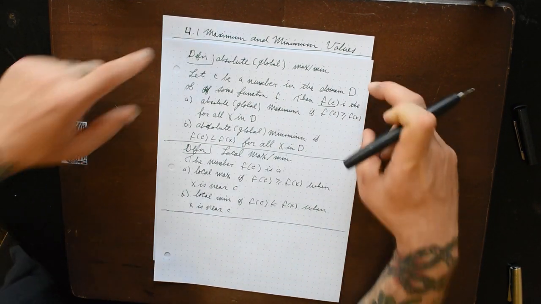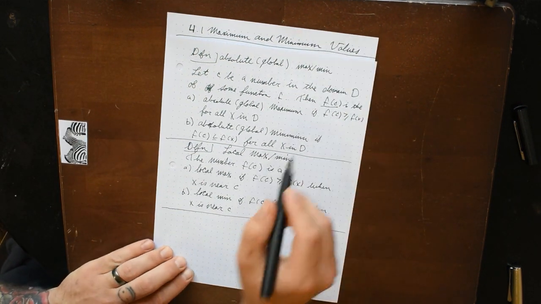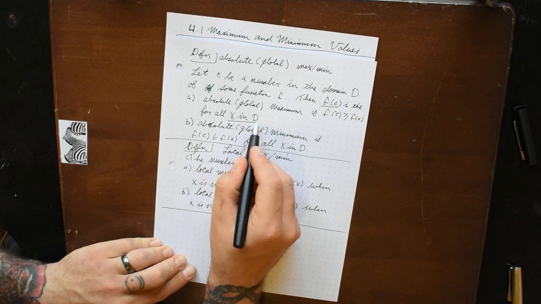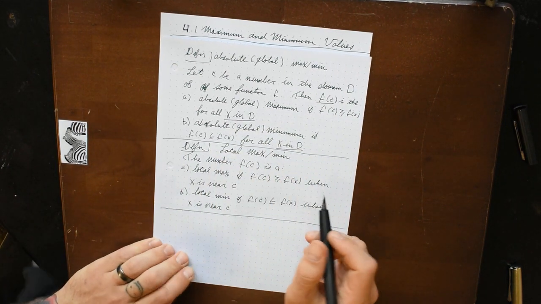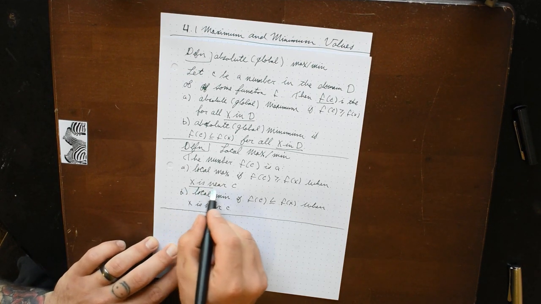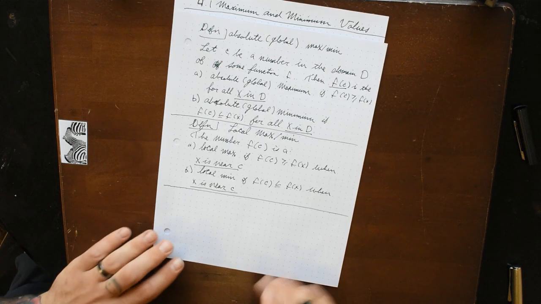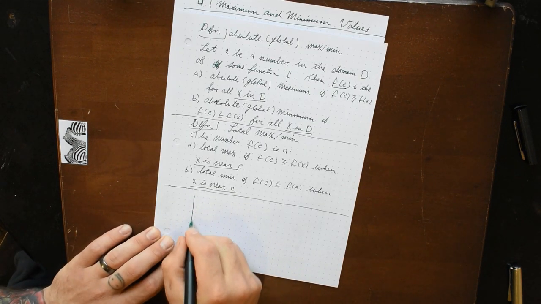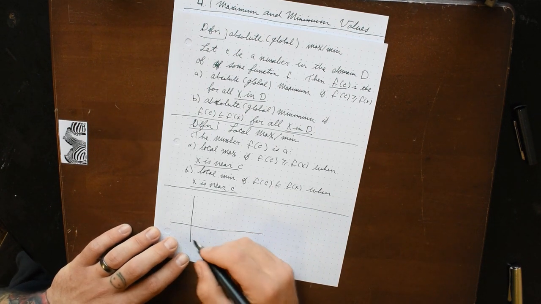Perfect. So we have these absolute maximums where f of C has to be bigger than f of x for all x in the domain. And a local max or min is just when x is near C. So I'll draw a couple pictures to show you what I mean. The first one is we're going to have this function.